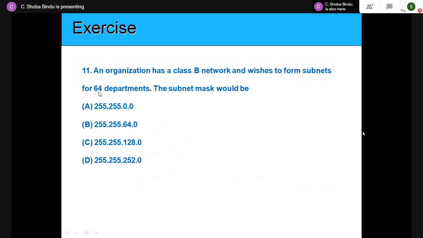To represent these 64 departments, I require 2 to the power of 6, so 6 bits. So in the next byte, the first 6 bits are to be ones, and the remaining 2 bits will be zeros for the subnet mask. That comes to a value of 252. This is the network address, and this is the host addresses that you have in class B networks.